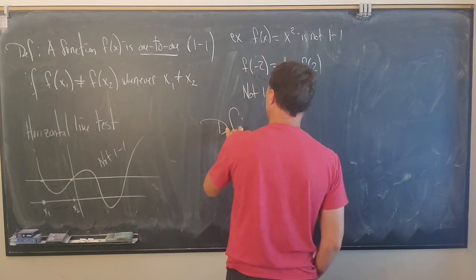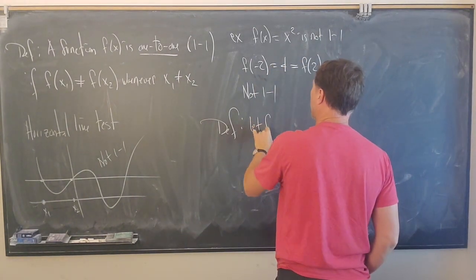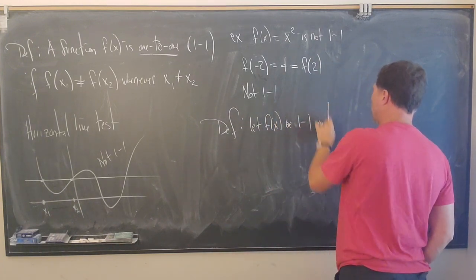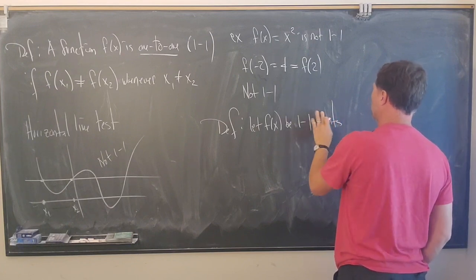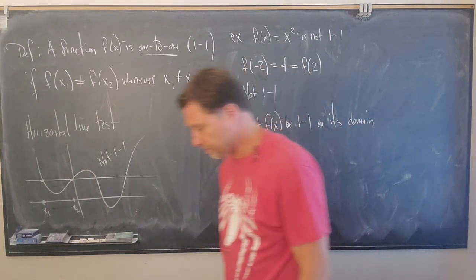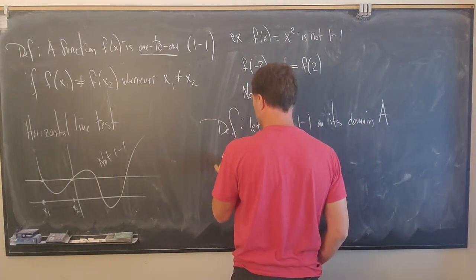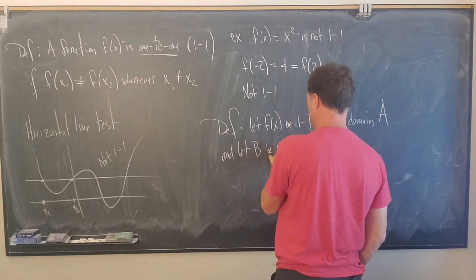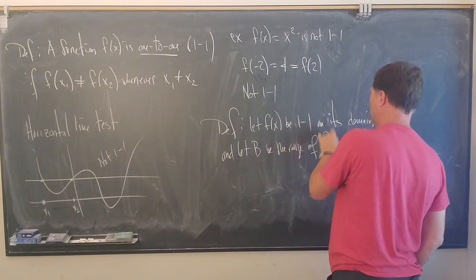Now, there's a reason that we like 1 to 1 functions, and this is it right here. So let f of x be 1 to 1 on its domain, let's call it capital A, and let B be the range of f of x, right?